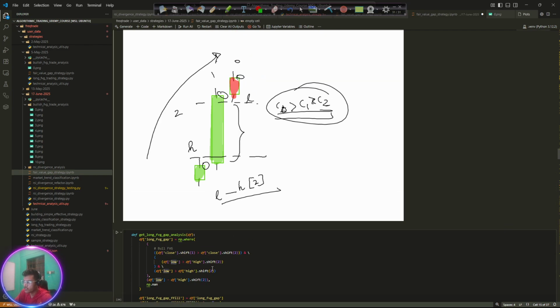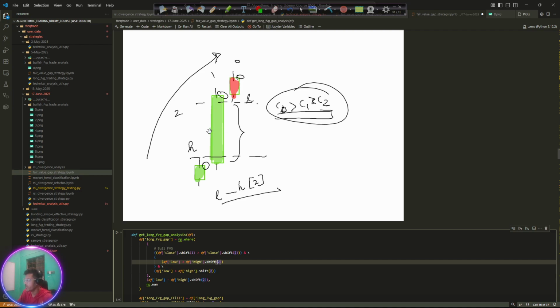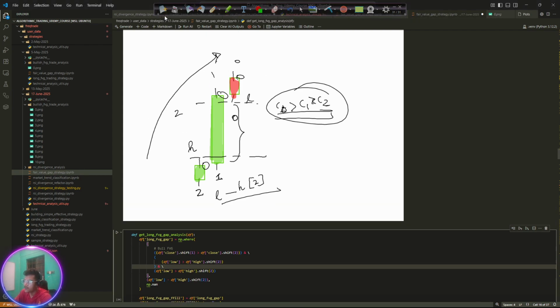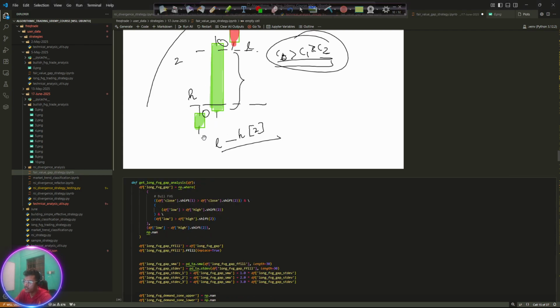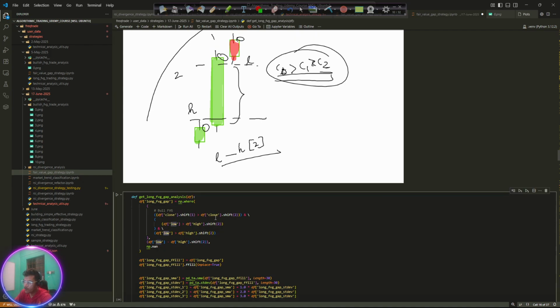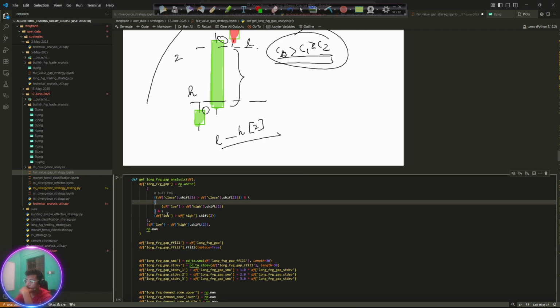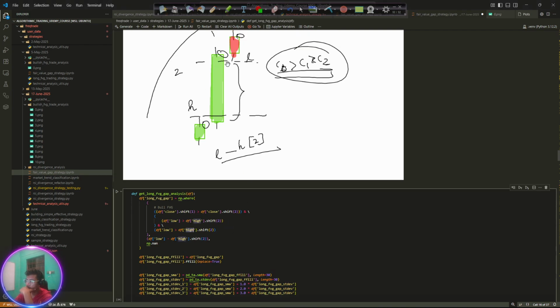Current low is greater than. Oh, so we actually do indexing like this. Okay, so there's zero, there's one, there's two. And what we see here is that shift one is this, shift two is this. So my low is, hang on guys. So basically my low is greater than high, right?